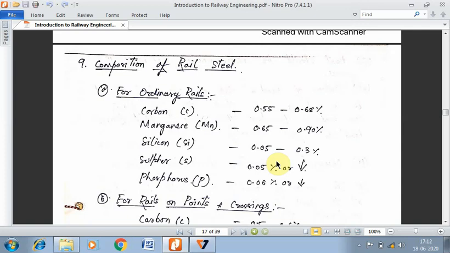So for ordinary rail, you will basically have carbon, manganese, silicon, sulfur and phosphorus in the system.